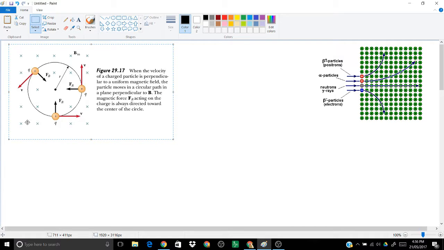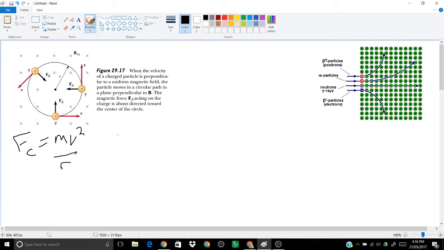Let's remind ourselves of the force. The centripetal force equals m v squared on r. Now we just came up with an equation for the force providing that centripetal force, which is B Q V. Well, would you look at that?